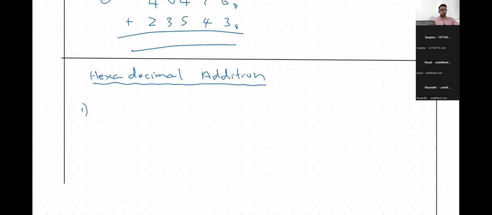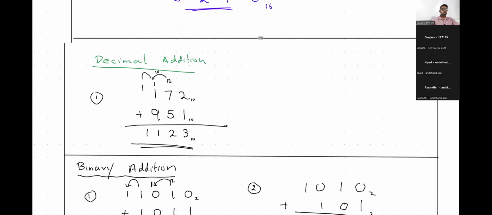will be A5 base 16. You need to add 14 base 16. Do the addition. Remember, what is the maximum number of units we can put into hexadecimal?